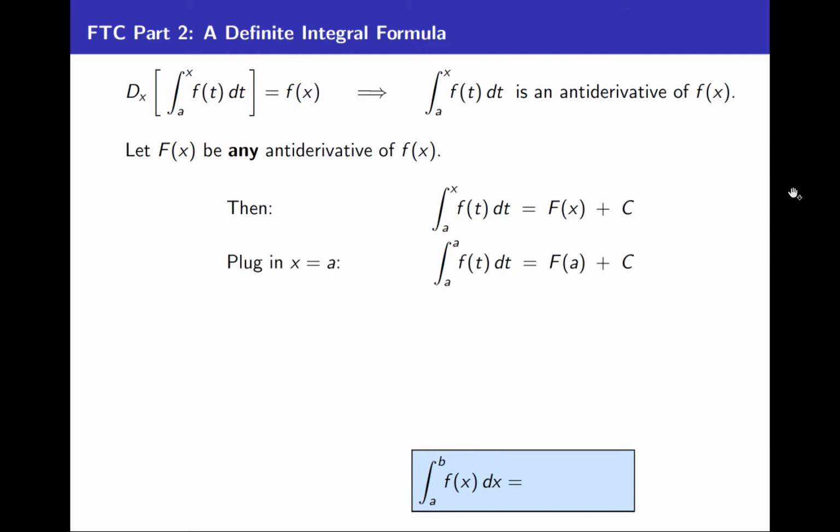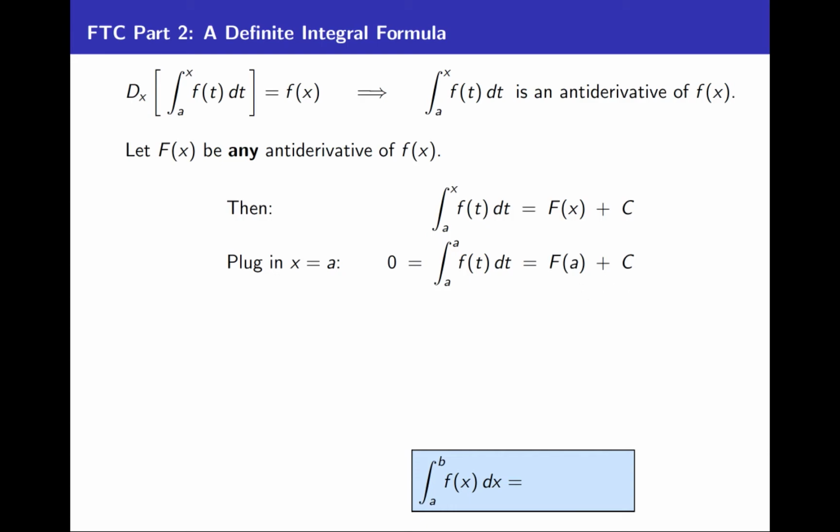In our next step, we plug the value x equals a into this expression, so everywhere we see an x, we plug in an a. We get the integral from a to a of f of t dt equals big F of a plus c. Now we have an integral property that says the integral from a to a is equal to 0. So 0 equals big F of a plus c, and you can solve for c.